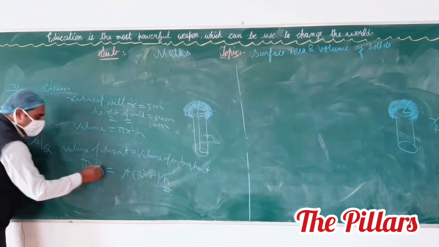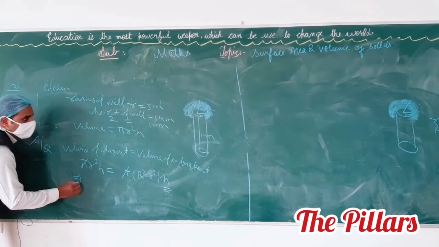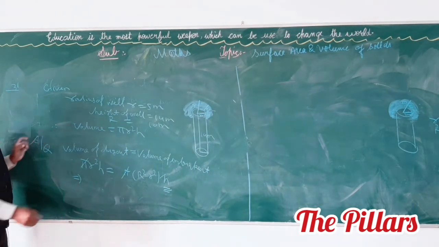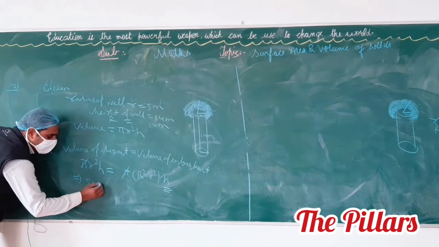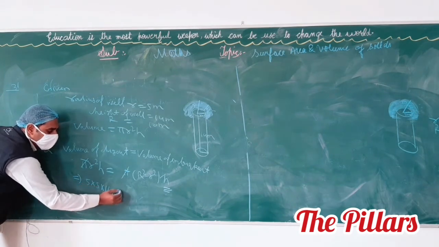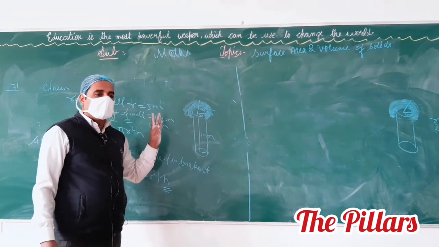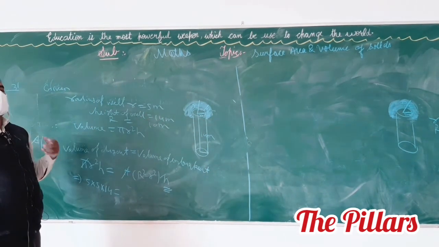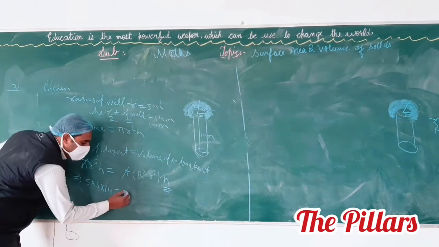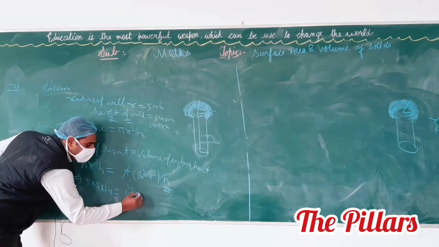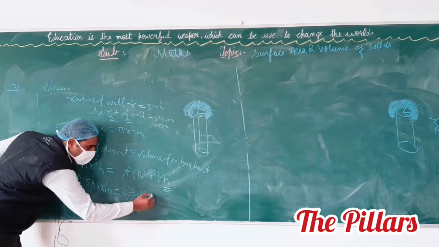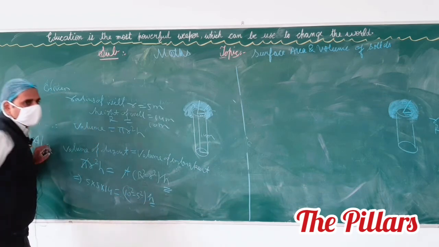π and π cancel out. This small r is given, so 5 into 5 into 14 equals (R² − r²) into h. Capital R is 10, so 100 minus 25, that is 10² minus 5² into h. This h we want to calculate.